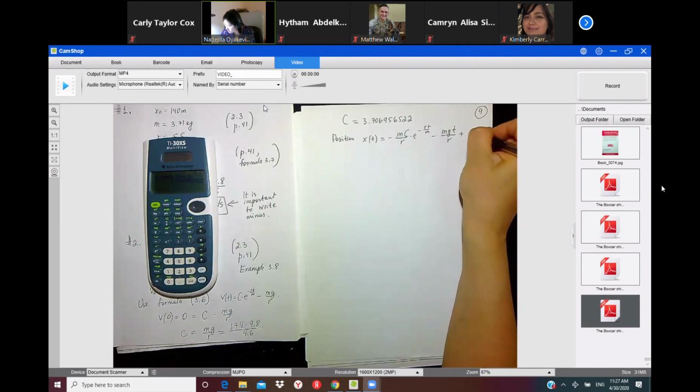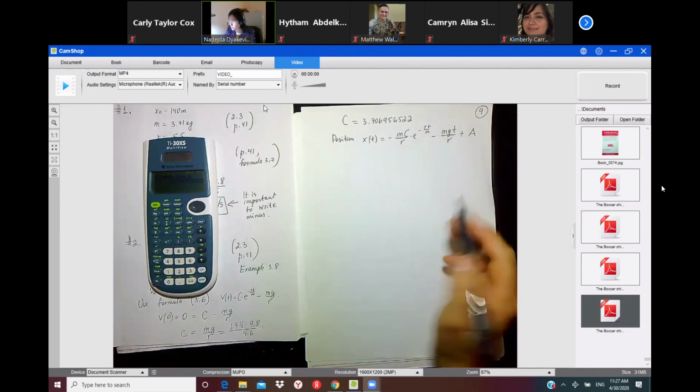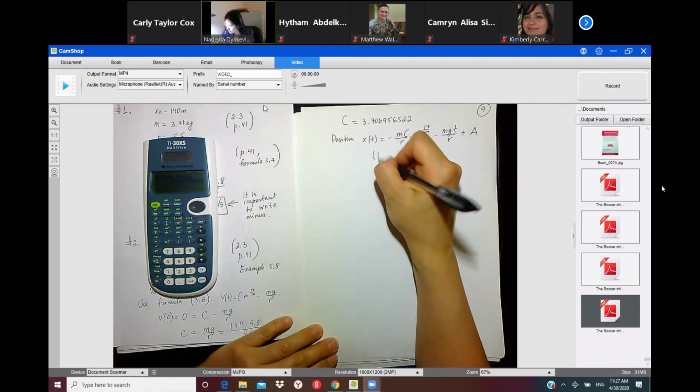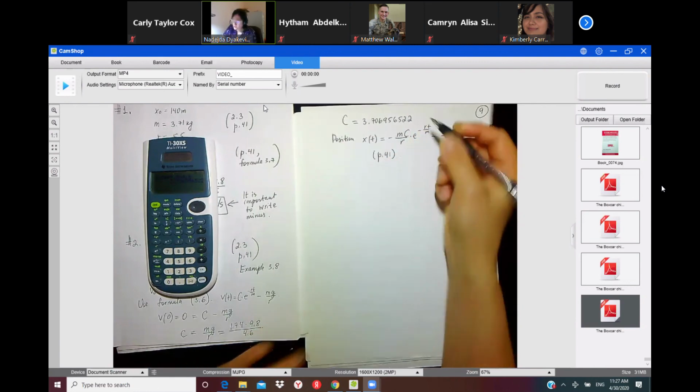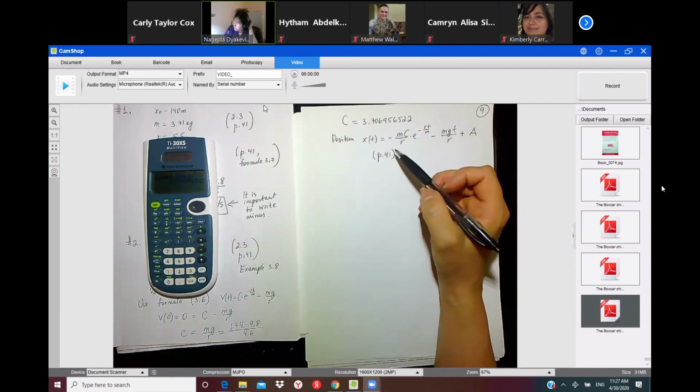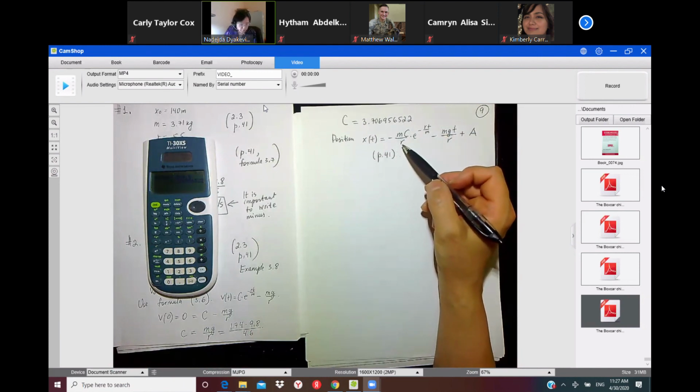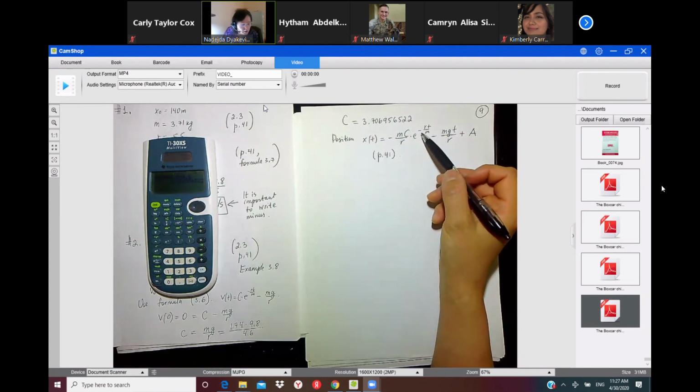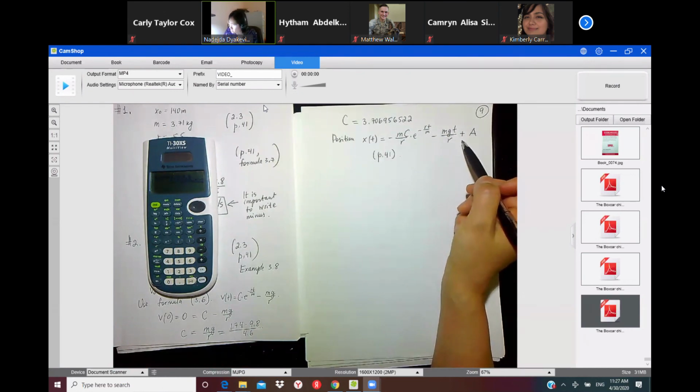They call this constant A, and that's what I copied from the book. You can find this formula on page 41. I copied it exactly. Let's see, minus RT over M. Yeah, I believe I copied this correctly.